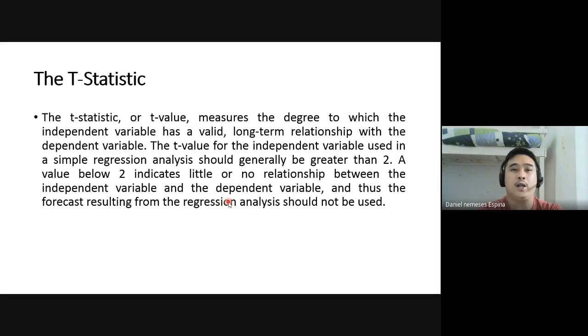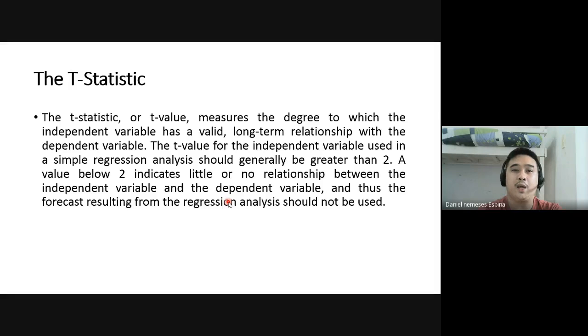So when you say simple linear regression, there's only one independent variable and one dependent variable. Okay. So however, there are studies or researches nga usually dili lang isa ka independent variable ilang gina-test. So there are a lot of variables and then lots of dependent variables.